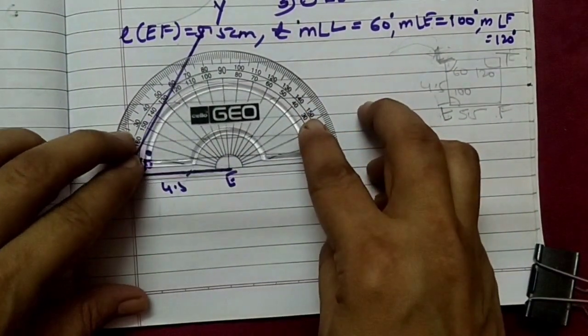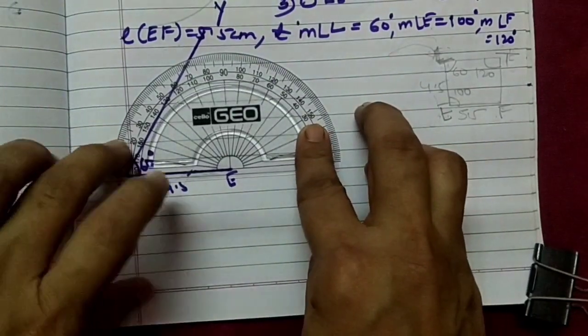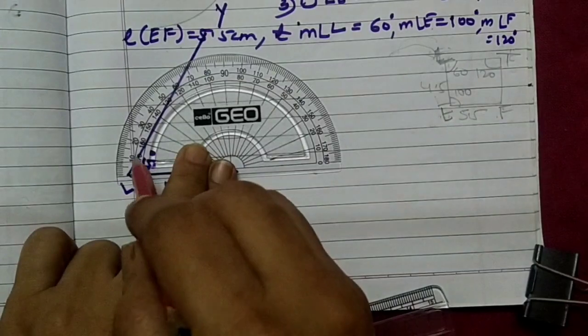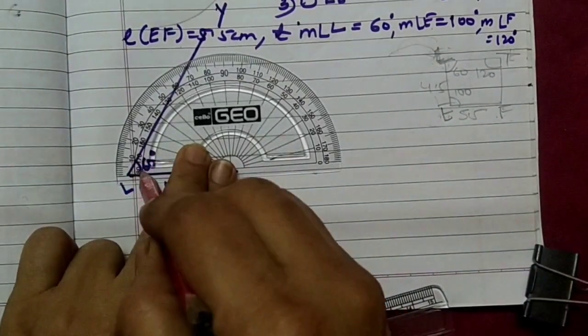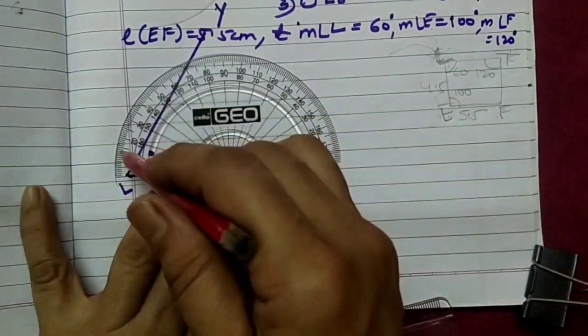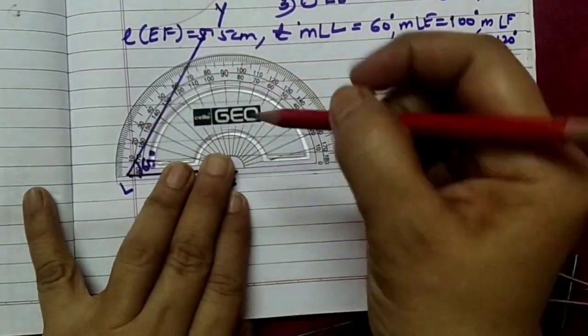So I will keep my protractor here. Now I have to start counting from which 0? From this 0. 0, 10, 20, 30, 40, 50, 60, 70, 80, 90, 100.